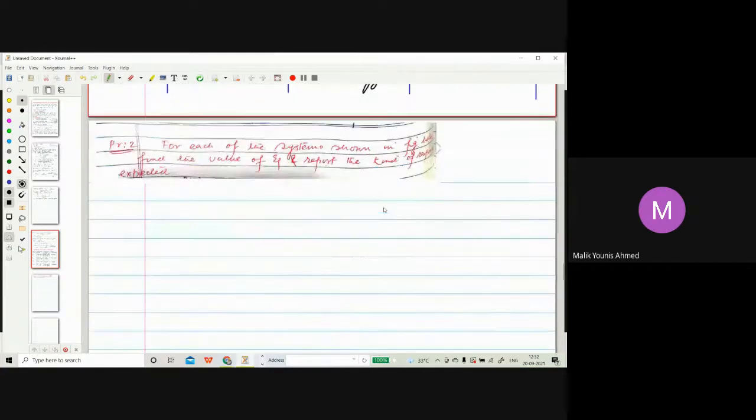Okay, next problem we have. For each of the systems shown in the figure below, find the value of xi and report the kind of expected response. Actually, I'll draw the transfer function.